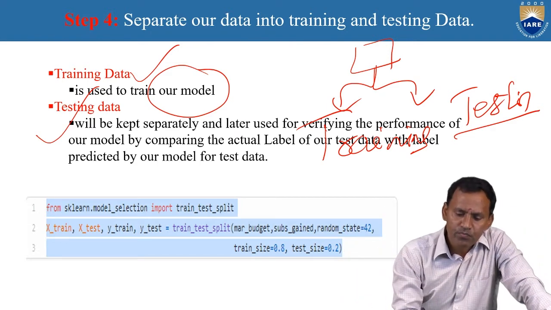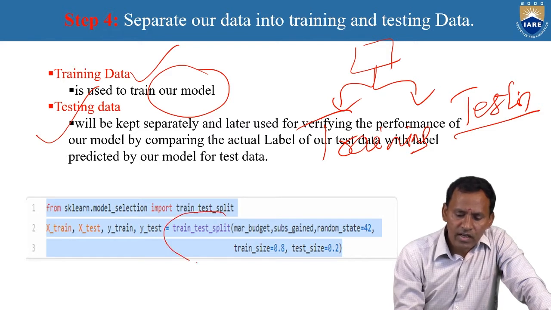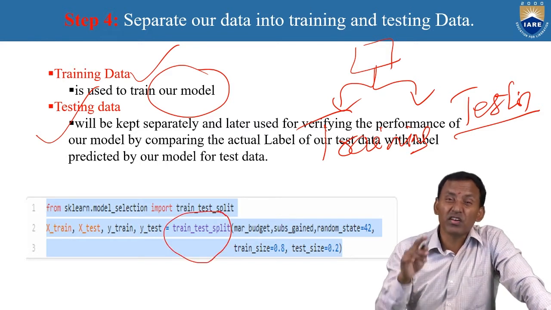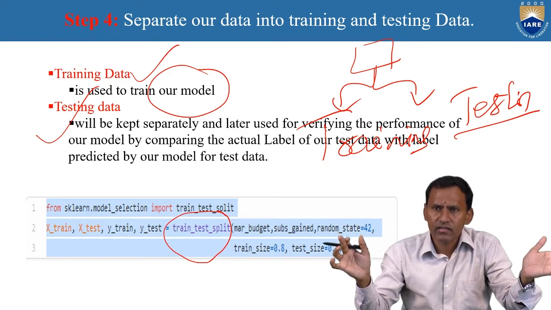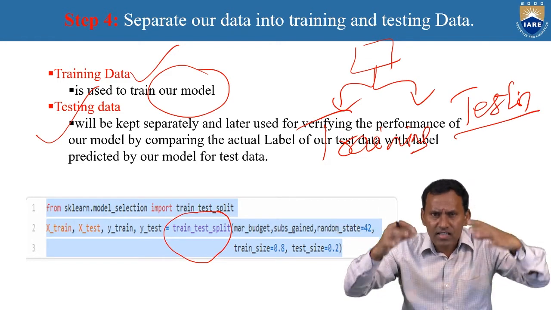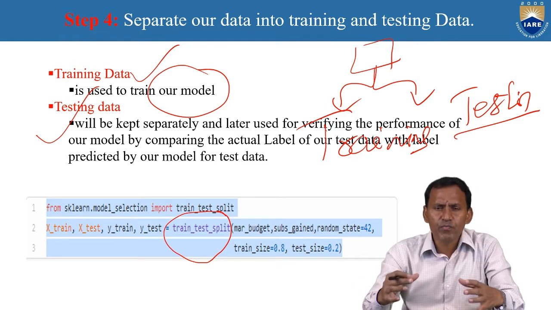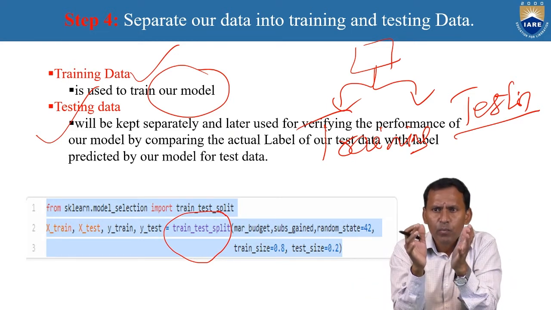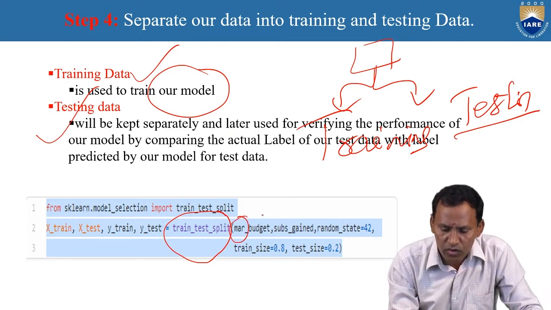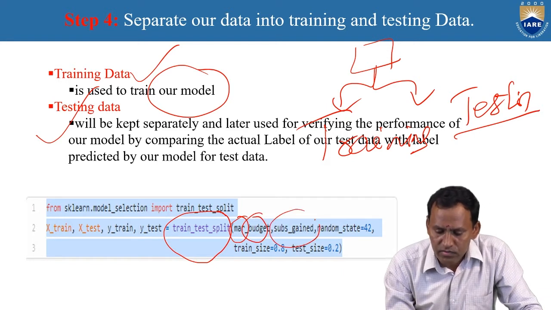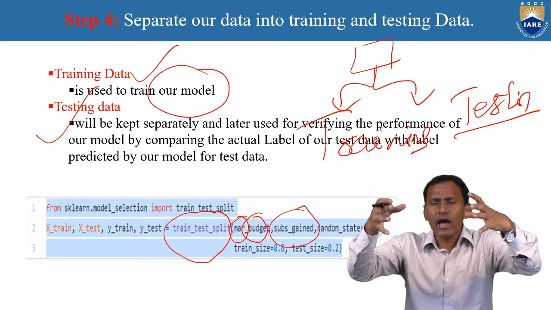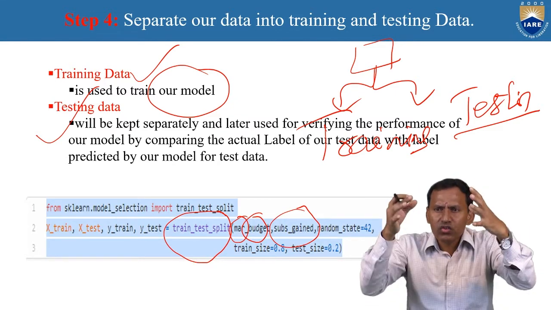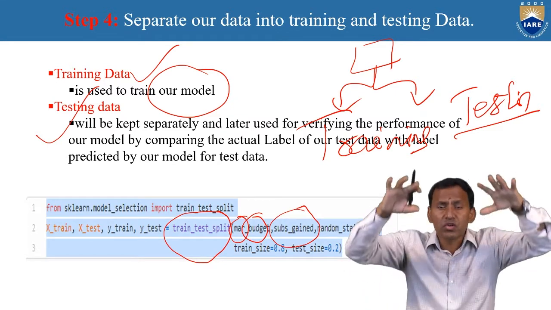In Python, by using the train underscore test underscore split method, we can split the data into two categories. As per the current example, I took marketing underscore budget and subscribers gained. These two arrays we gathered, and these two data points are divided into four categories.